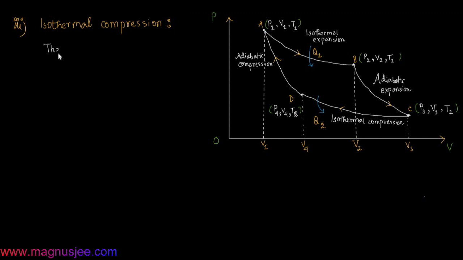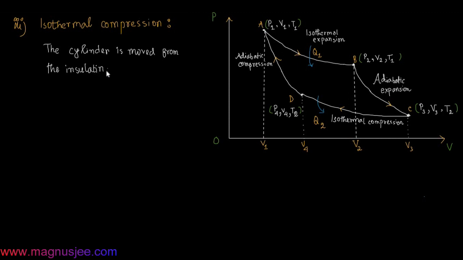For isothermal compression, the cylinder, which was in contact with the insulating pad at the temperature T2 Kelvin, will be moved to the sink at the same temperature T2 Kelvin.